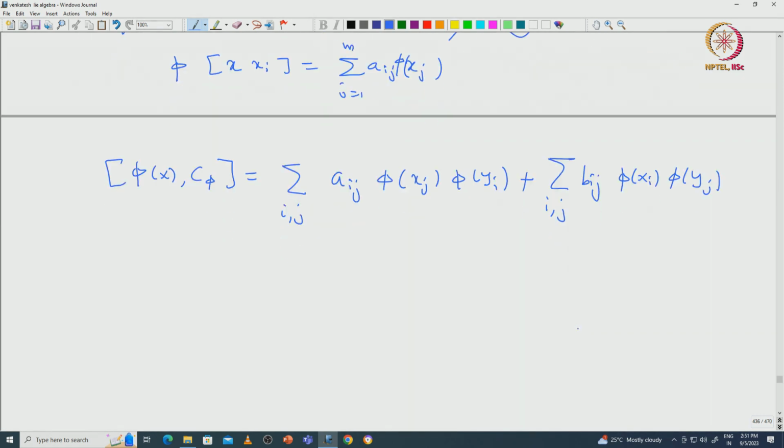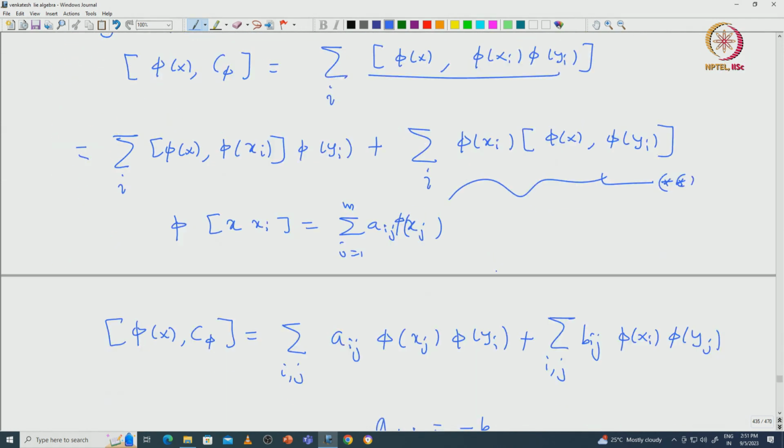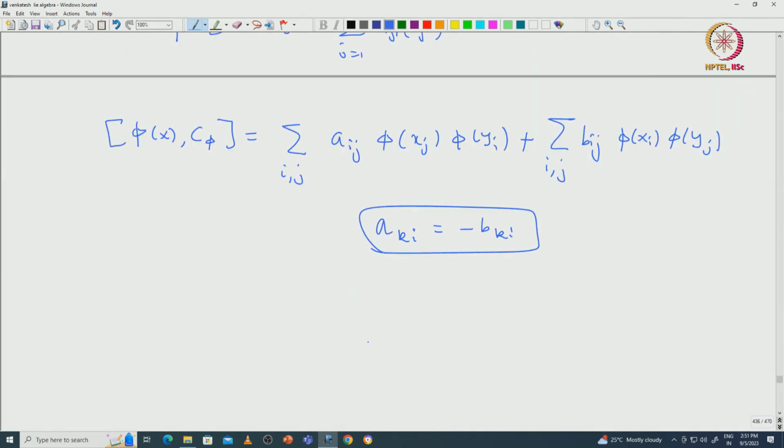Now note that we already have the relation a k I is nothing but minus b k I. Using this relation, you can see that the terms involved here get cancelled. So, you get the bracket pi of x comma C pi is equal to 0.